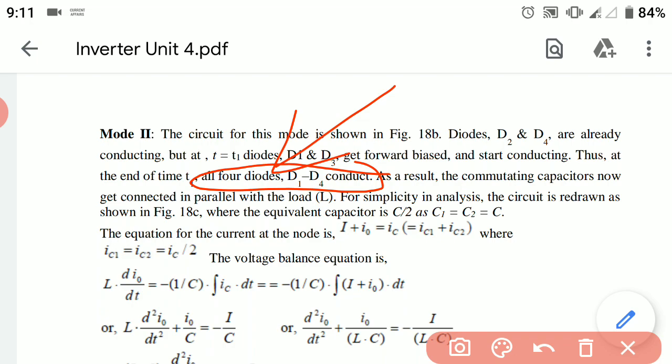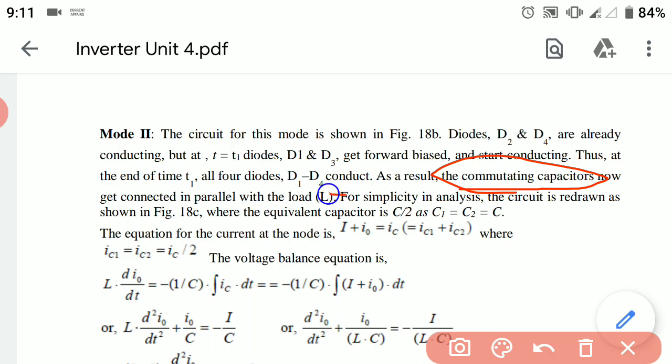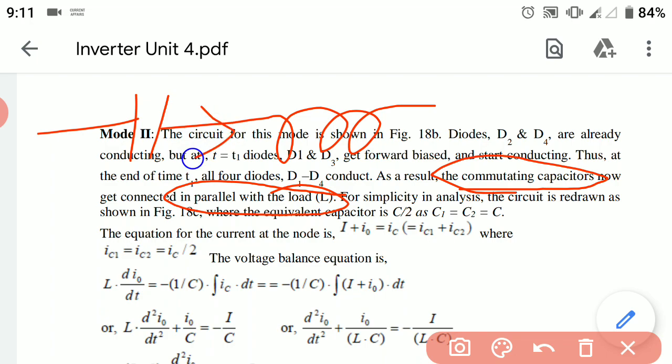As the four diodes are conducting, the commutating capacitors, the two capacitors and the load, are now in a parallel condition. Earlier we have seen that the current through the capacitor and through the inductive load was a series current flowing through the circuit.